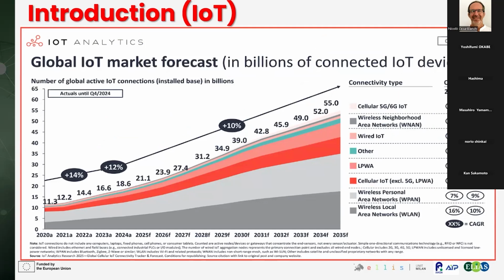Here we don't include computers, laptops, or fixed-point devices. We mean the IoT devices, and we classify them. For 2025, it's almost 24 billion devices, and it's increasing, and we have to handle all of these devices, as the need for power is the most important thing.